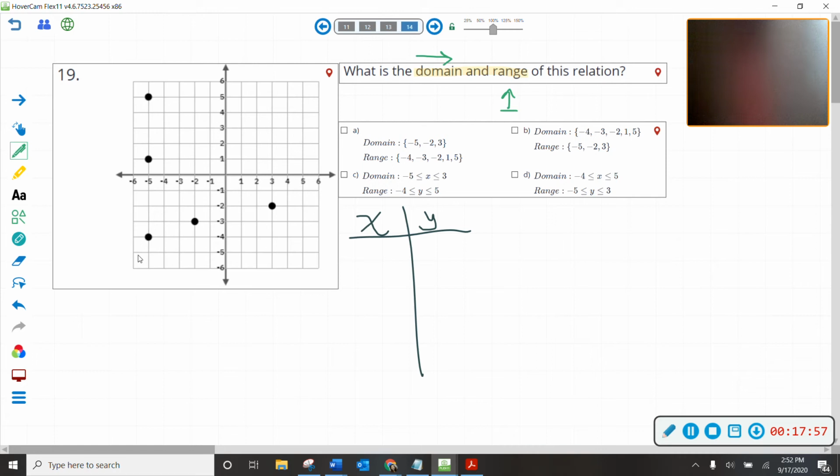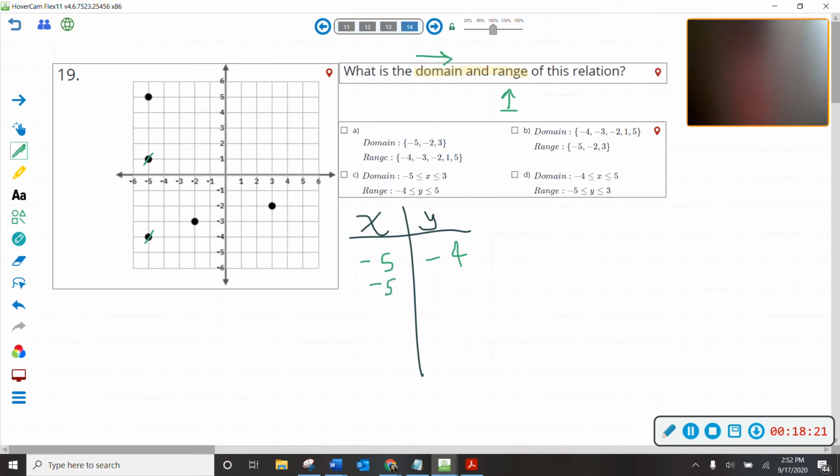So, starting from the left side, oh man, I have 3 points here. That's why I want to use a color so I could cross them off. All right, so let's start with this one right here. That's -5, comma, -4. Okay. All right, let's go to this next one. That's -5, 1.